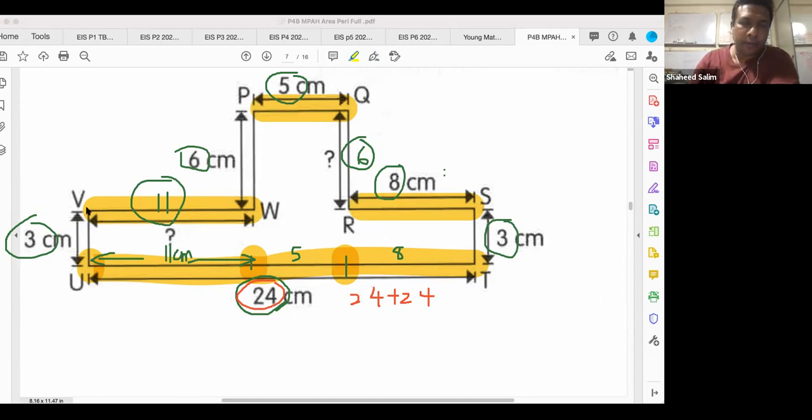Next part down here, this plus this is 9. 6 plus 3 is 9. You see? Down here, 6 plus 3 is 9. So I just take plus 9 plus 9. What do I get? 48 plus 20, 68 minus 2, 66.